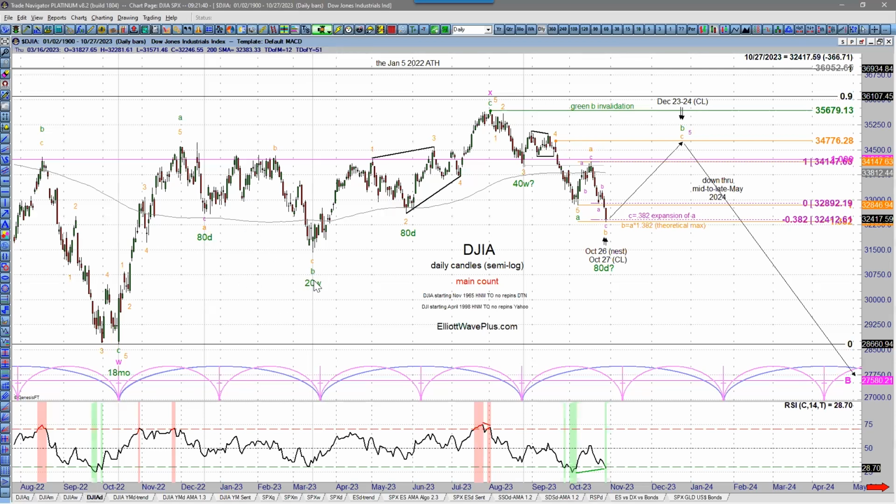So we had a 20-week cycle here, and then an 80-day, and then probably a 40-week cycle here. That would be the midpoint if this was the 40-week cycle, which, by the way, the system was sure of a week ago, but now it's not sure. I'll show you that in a second.